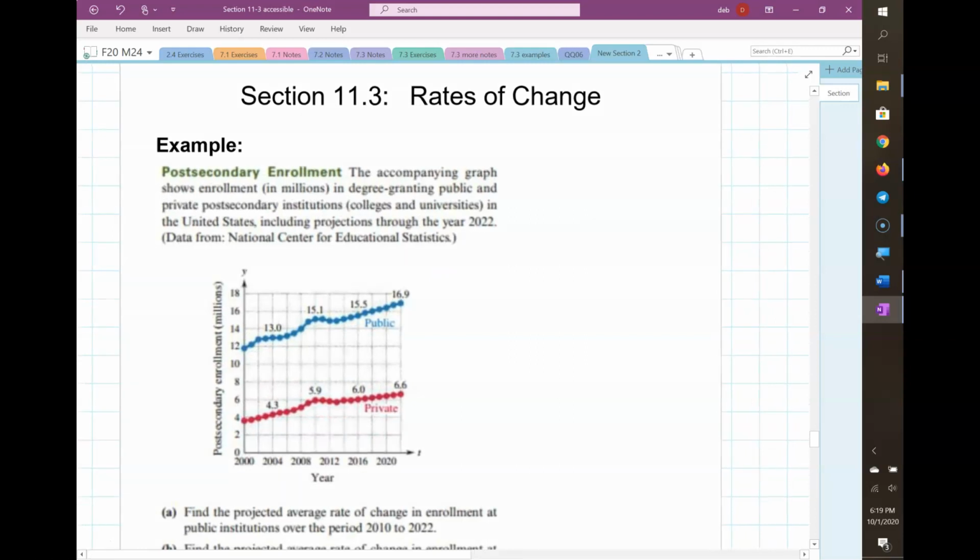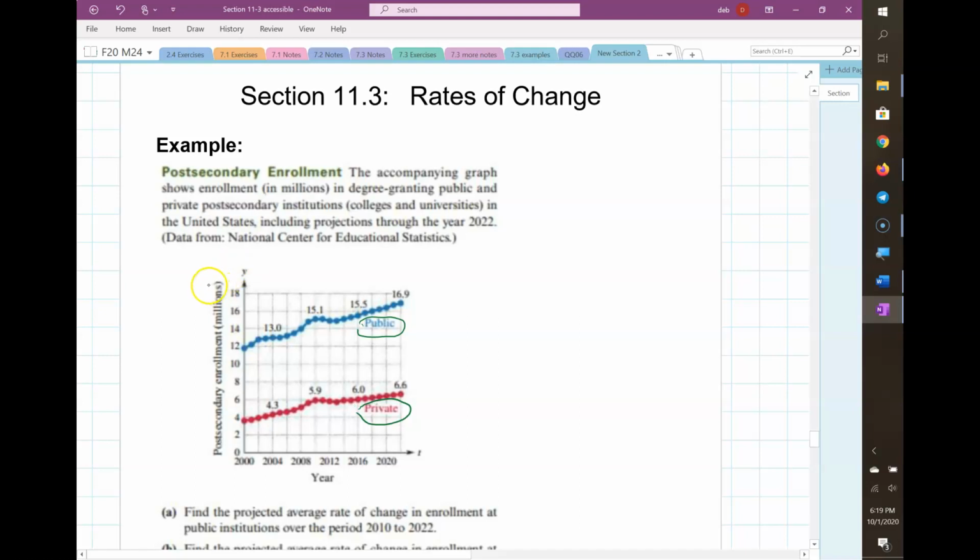Okay, so here's another example with a graph. It's enrollment in millions in degree granting public, the blue graph, and private, the red graph, post-secondary institutions, so colleges and universities in the United States. And it's projections through the year 2022 of what enrollments will be like.